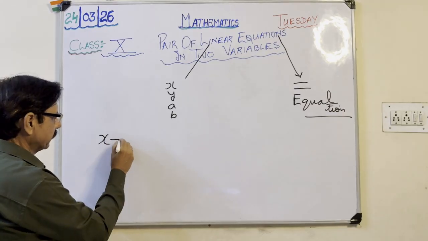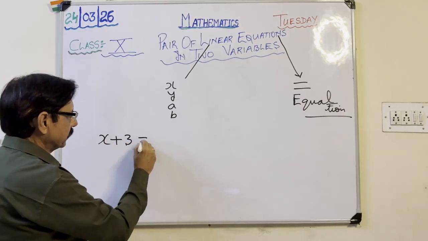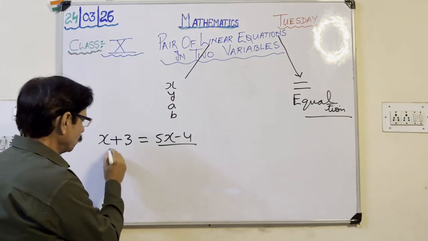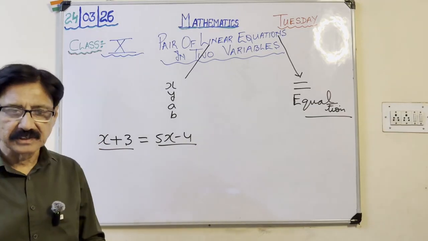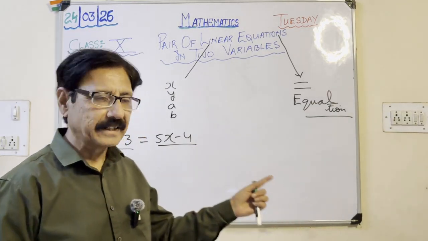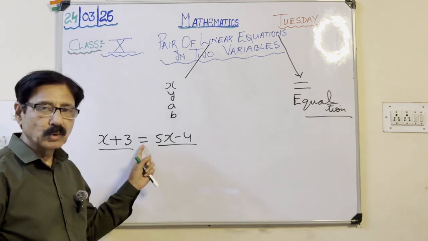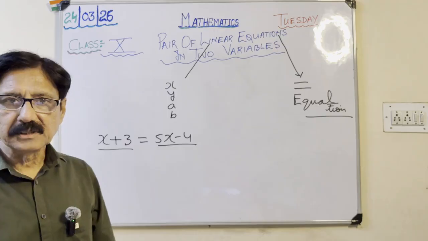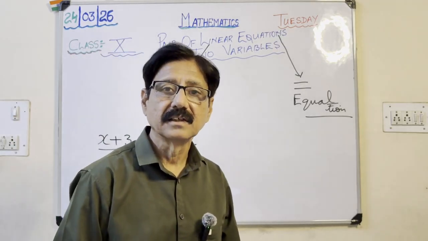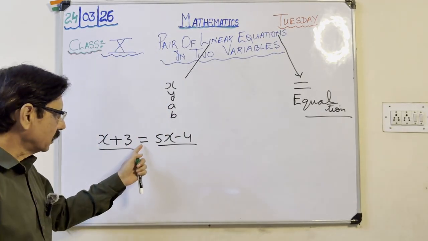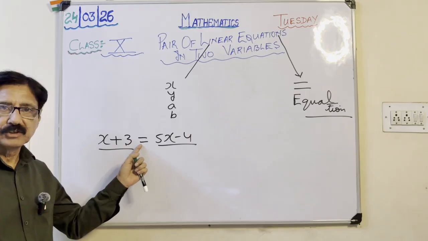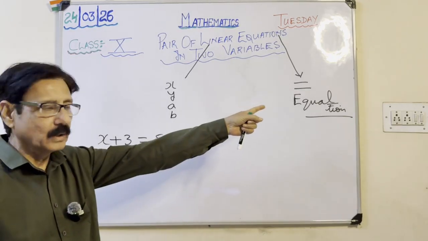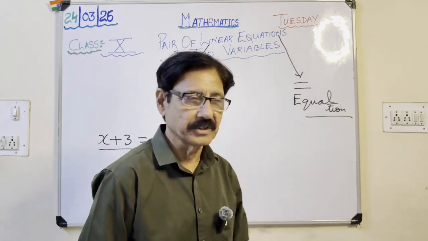If I write, say, x plus 3 is equal to 5x minus 4, these are two algebraic expressions separated by an equals to sign. A sign of equality is there which is balancing both sides. So you have learned equation in junior classes with this equals to sign, and the word equation is made from equal.